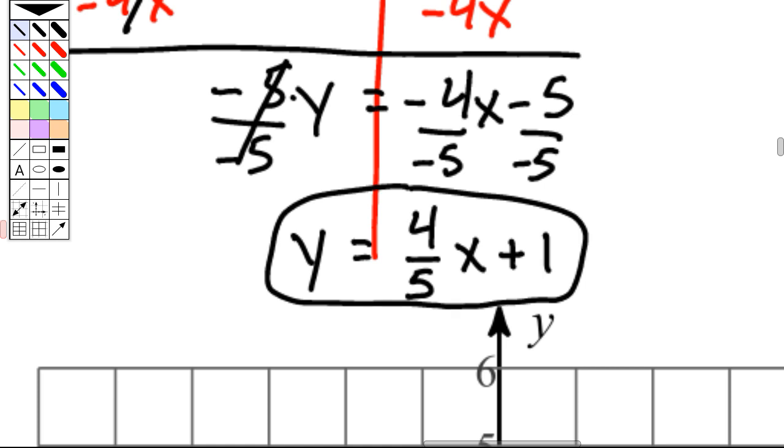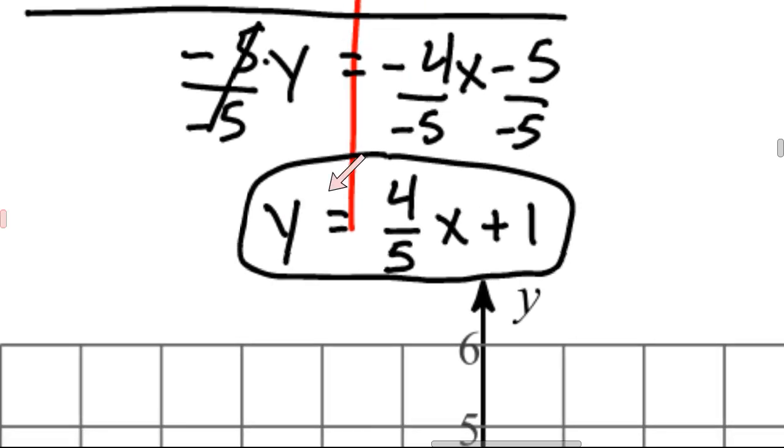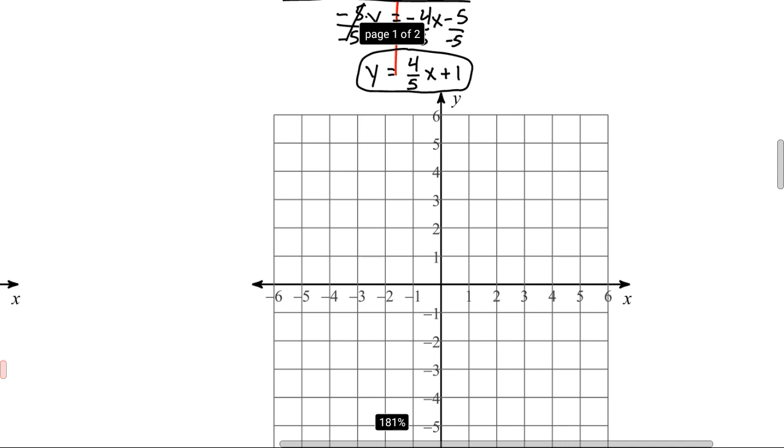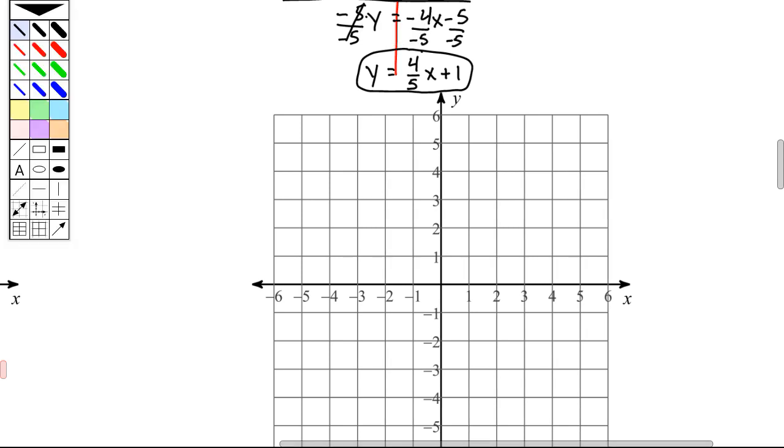So are we in slope-intercept form? Are we in y is equal to mx plus b form? Yes. So now just review. Where do I start graphing? I need a point. And which is a point? My slope or my y-intercept? Well, y-intercept. Start at positive 1. My slope tells me to go positive 4, which means up 4. 1, 2, 3, 4. Right 5. 1, 2, 3, 4, 5.